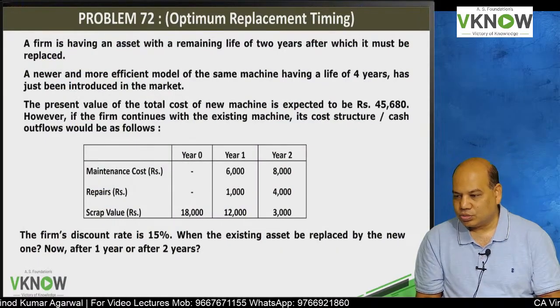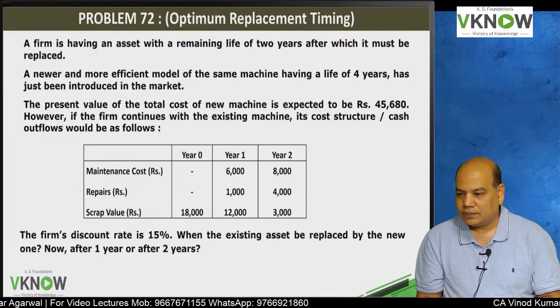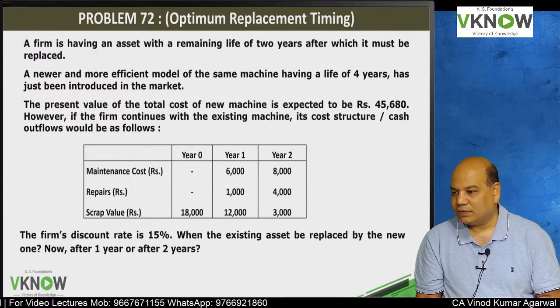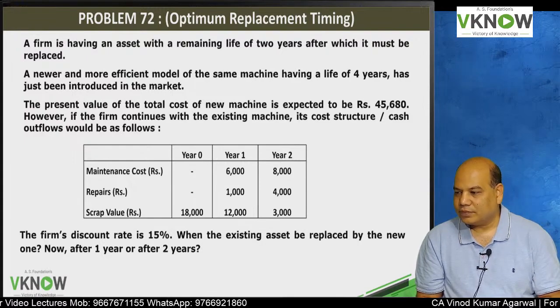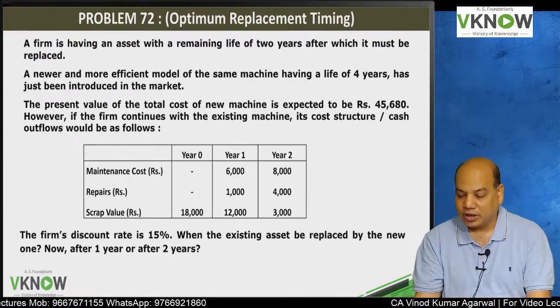Question number 72. A firm has an asset with a remaining life of 2 years, after which it must be replaced. Now this is the replacement of an existing asset.